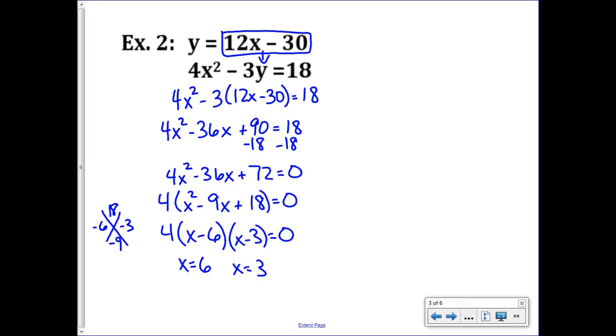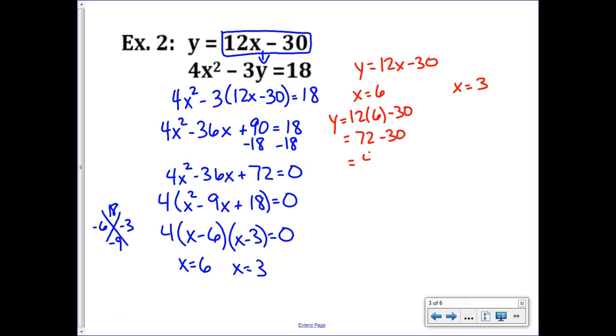So then if we have x equals 6 and x equals 3, we're going to use this y equals 12x minus 30, and I'm going to plug in each of those. So I get y equals 12 times 6 minus 30, so I get 72 minus 30, which is 42.